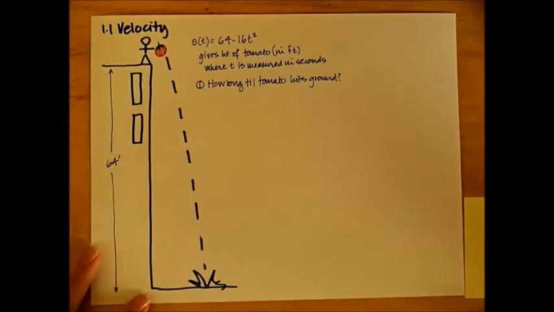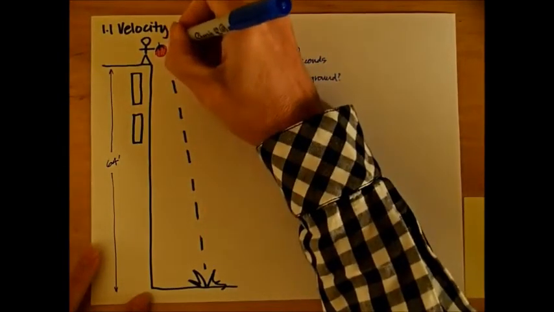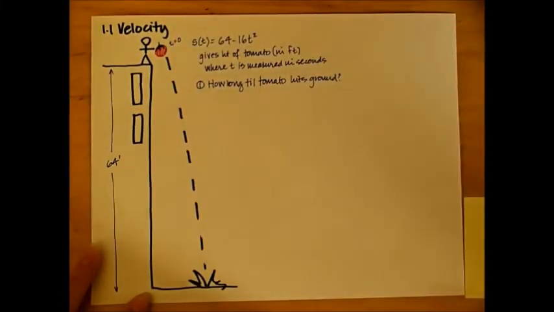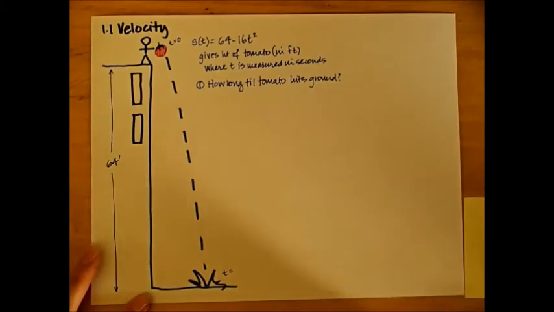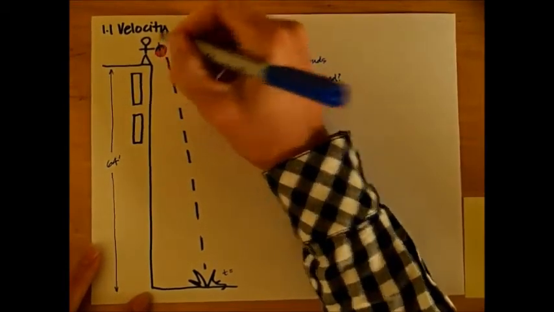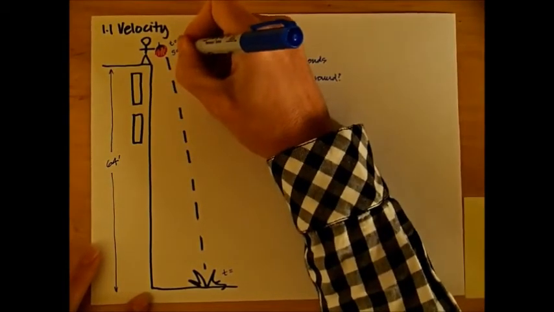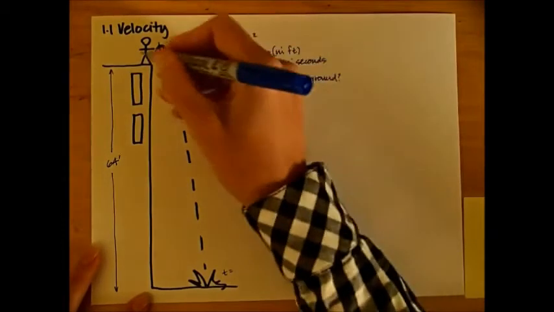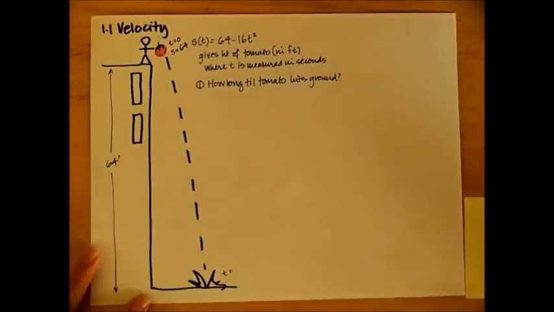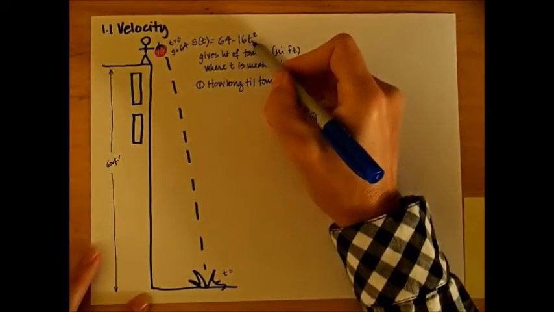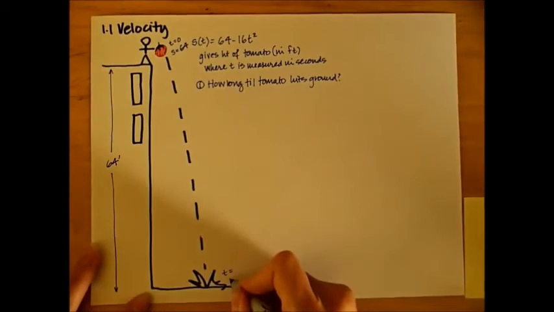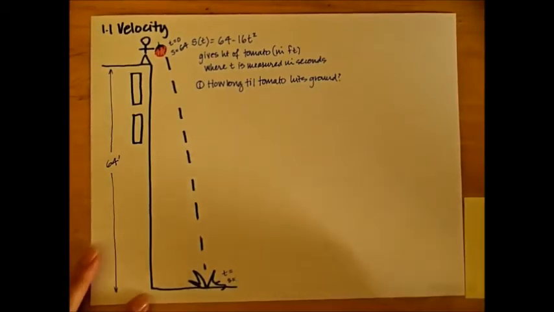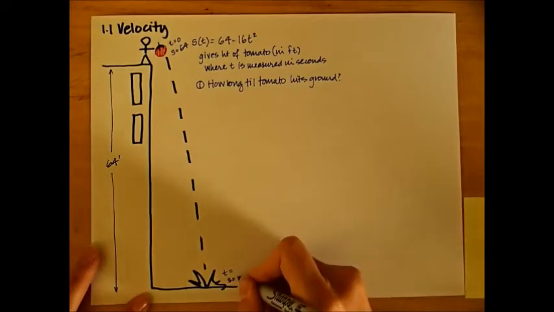We know that time is equal to 0 up here when we let go of the tomato, and we want to know what time it is down here. We know that s up here, the height of the tomato, is equal to 64 because it's there with us up on top of the building. If you make t equal to 0, s is equal to 64. So what is s equal to down here? Well, when the tomato is on the sidewalk, s is equal to 0.